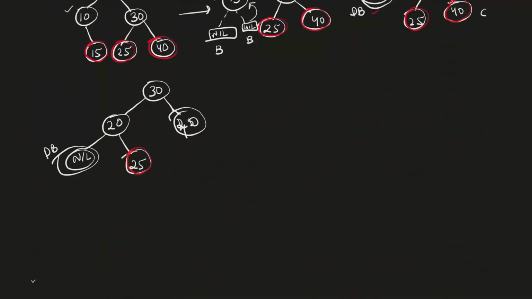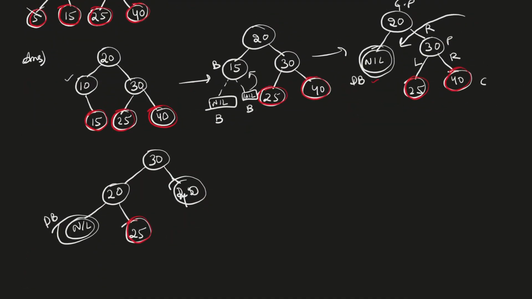So that's the reason I am not going to color 40 red. This child would get converted to black, and the new parent also would become black. The old parent also would become black. After completing this, we can directly remove the double black from here. That's what it says. So now I am going to remove this double black from here.